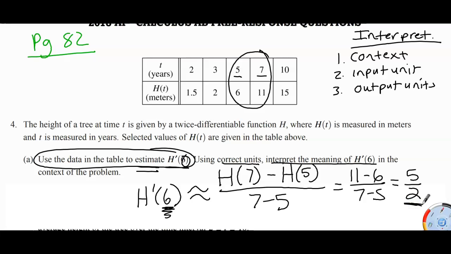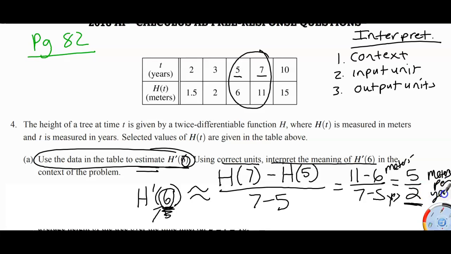So let's go ahead and start here. We know that the context is about the height of a tree over time, right? The 6 is a t value, so that's years. And then the output, well, on the top is meters, right? The 11 and 6 are meter values. The bottom is years. And so the 5 over 2 is meters per year.